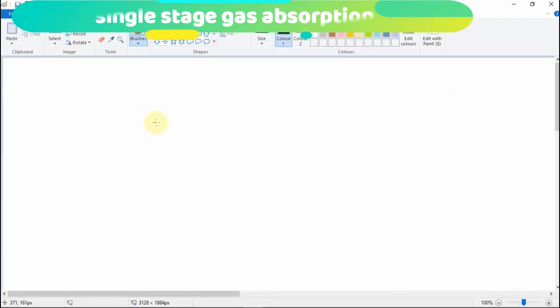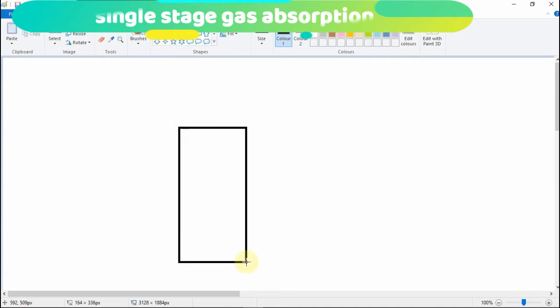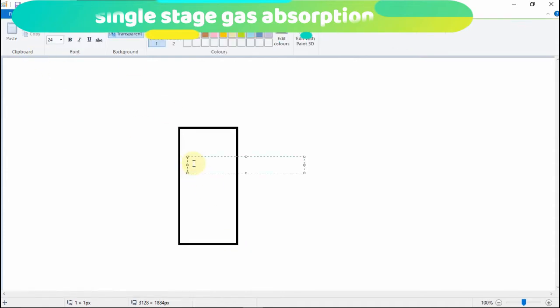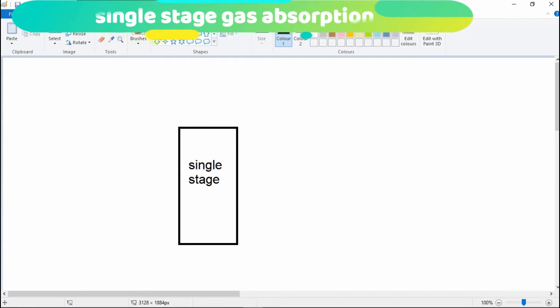Actually I already simplified for you the diagram for three types of gas absorption, but I will simplify it again only for single stage. So this is single stage absorption, and for gas absorption, it contains four main streams, which are inlet gas, outlet gas, inlet liquid and outlet liquid.